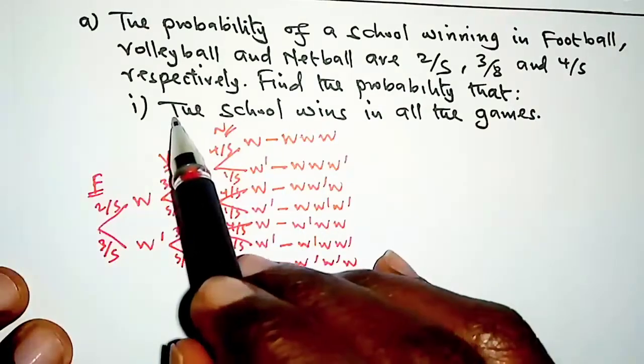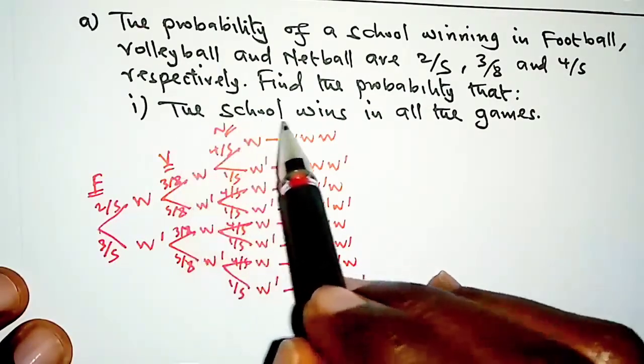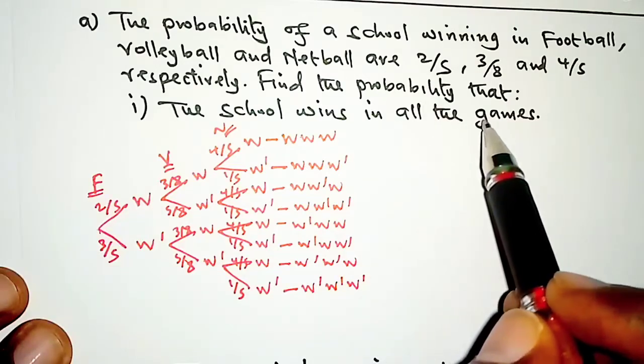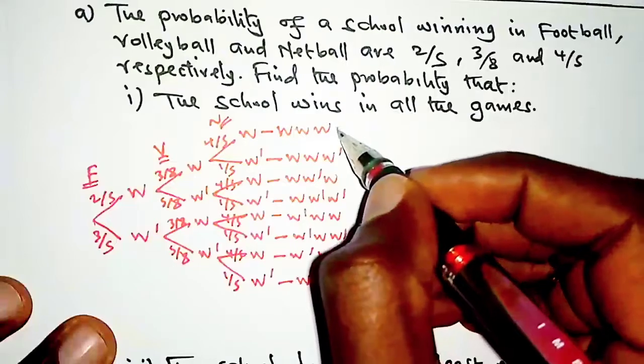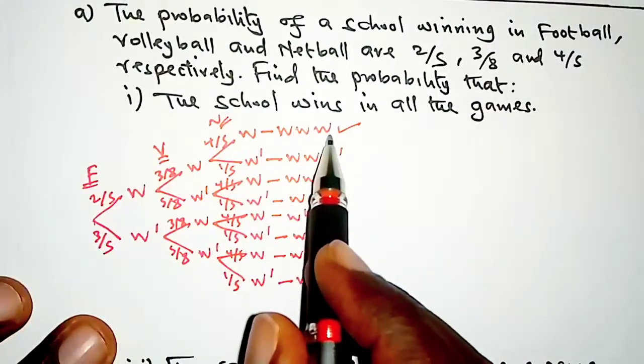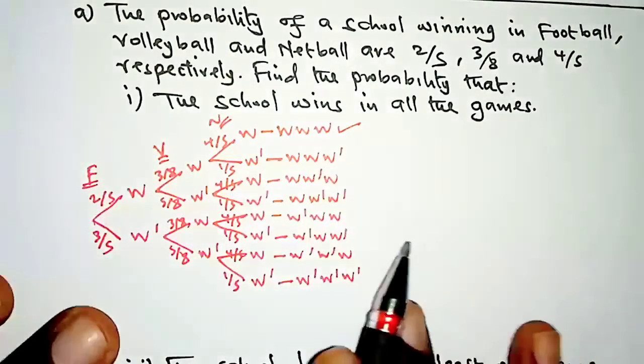So we are told, find the probability that the school wins in all the games. So that is for this case, where we have all the games being won.